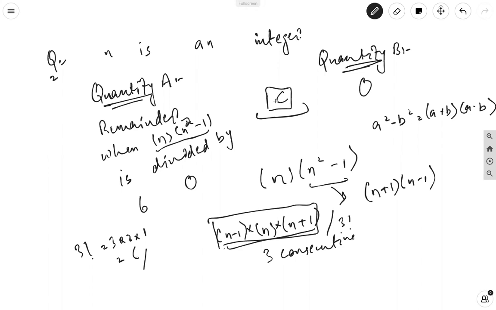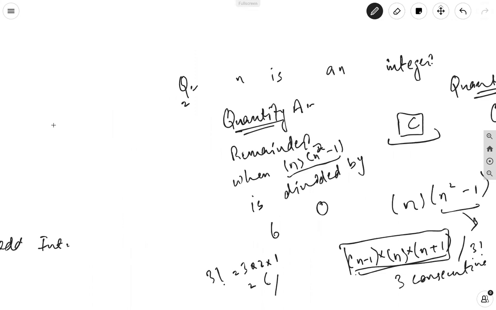One question. Why are we dividing by 3 factorial here? I'm just giving you an example because there is a property that the product of n consecutive integers is always divisible by n factorial. And we have here 3 consecutive integers, and 3 factorial is 6. So the product of 3 consecutive integers is always divisible by 6.